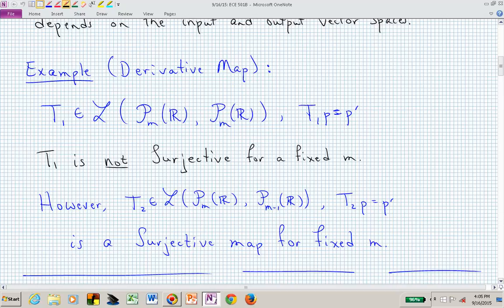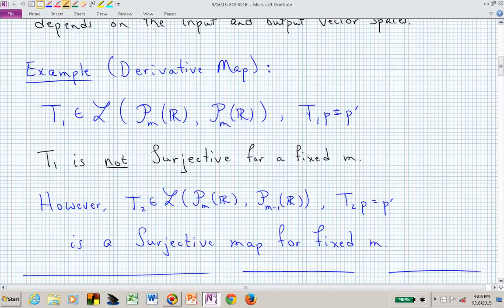Here are the two different linear maps. The first one, T sub 1, is not surjective, but T sub 2 is, as long as we fix an m. But notice in the second linear map, our codomain vector space is of dimension 1 less than the one we start with. It's of dimension m minus 1. And then you can fill that one up through the derivative map.